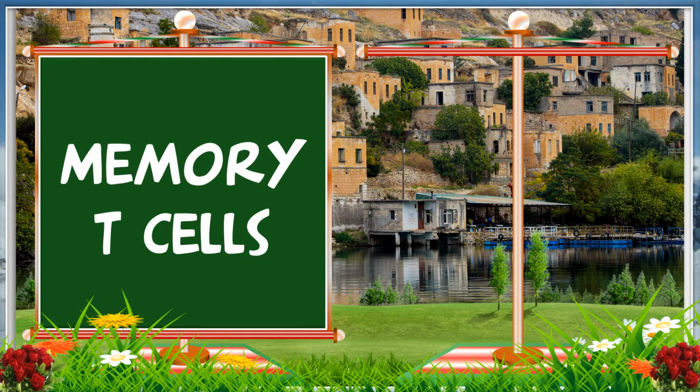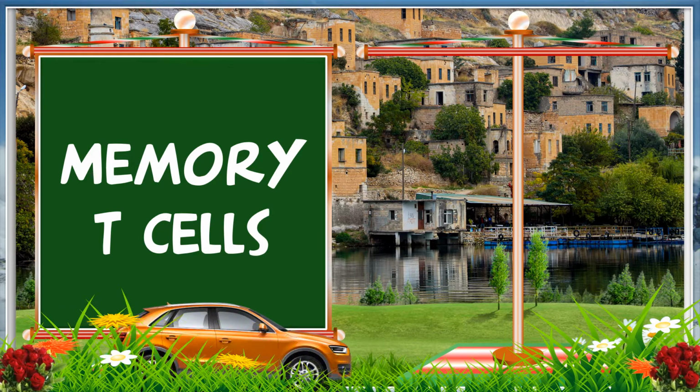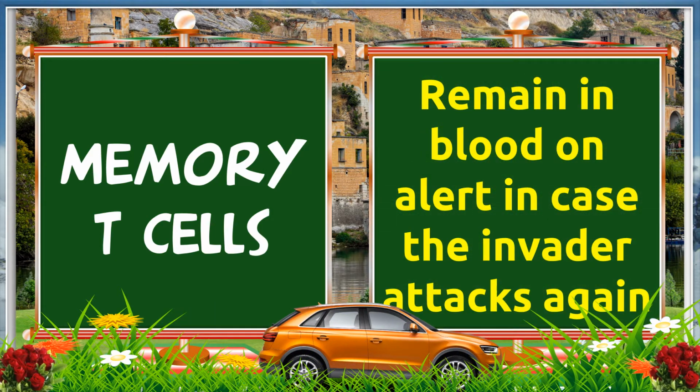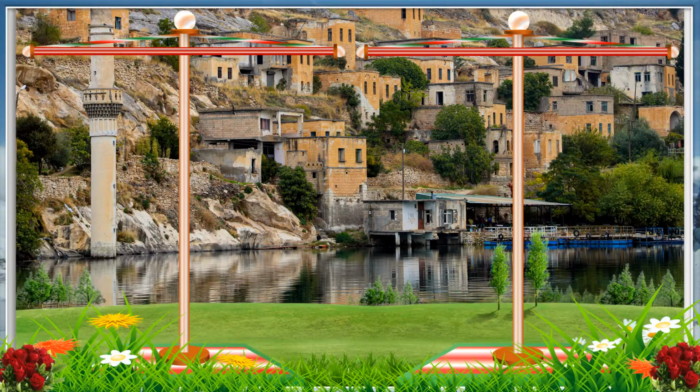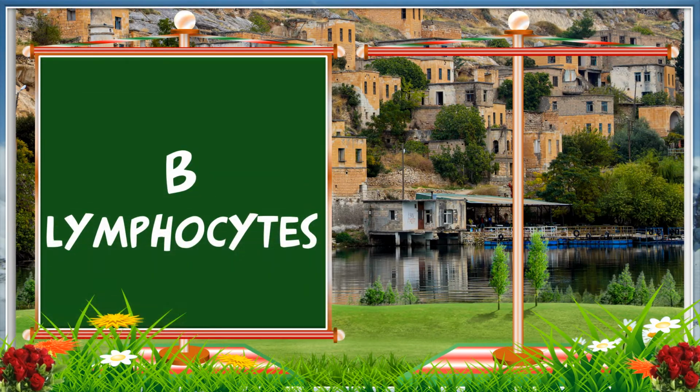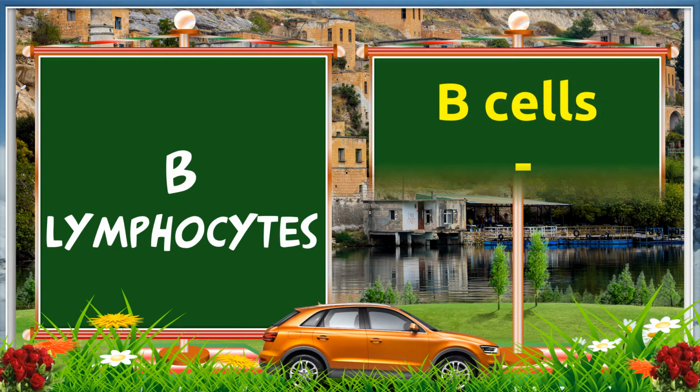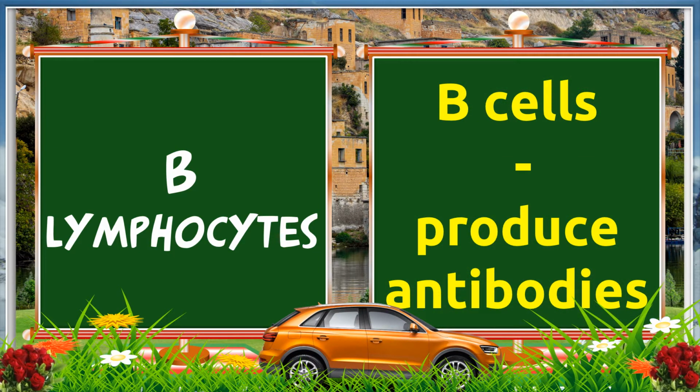Memory T cells remain in the blood on alert in case the invader attacks again. B lymphocytes. These are B cells, they produce antibodies.